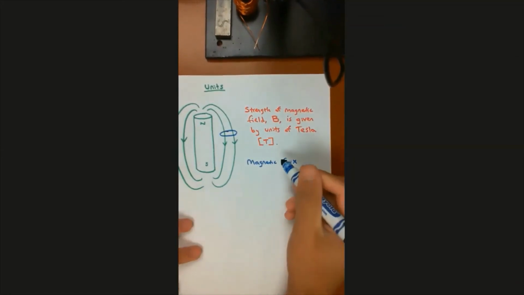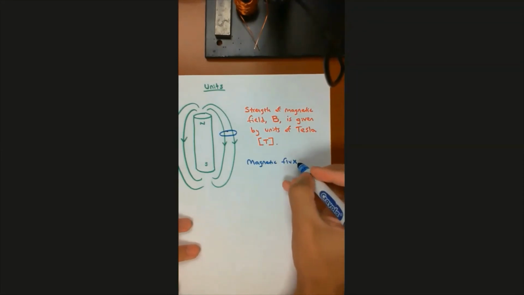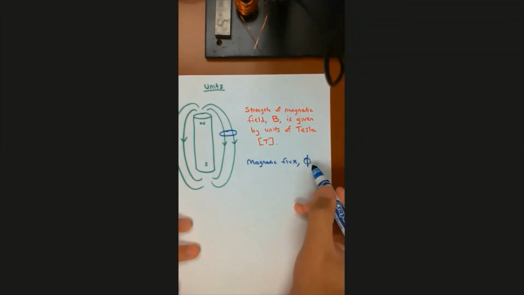All right. So the magnetic flux has a variable analogous to B for the magnetic field, but the magnetic flux variable is phi. Right? That is the capital Greek letter phi. I didn't invent these, by the way, so don't shoot the messenger.